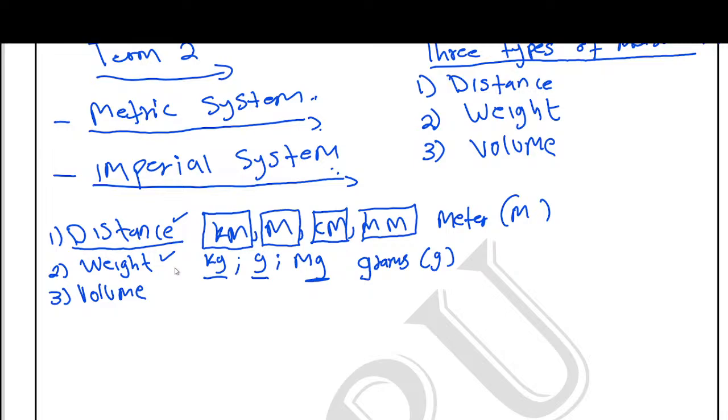They are important so that we can calculate BMI. Now, which units are used in volume? In volume, we use kiloliters, we use liters, we also use milliliters.